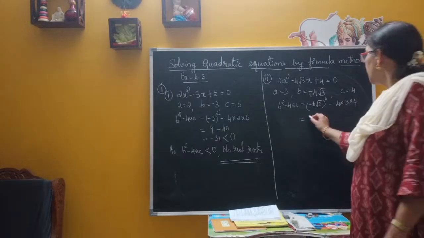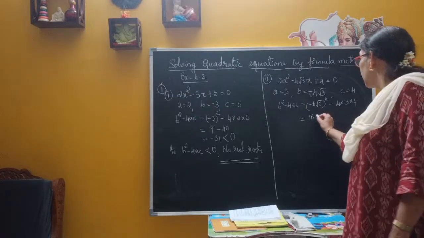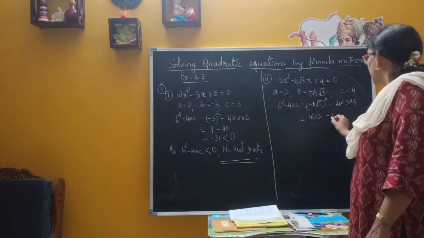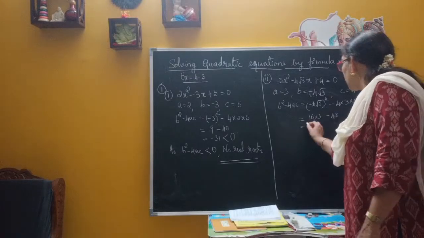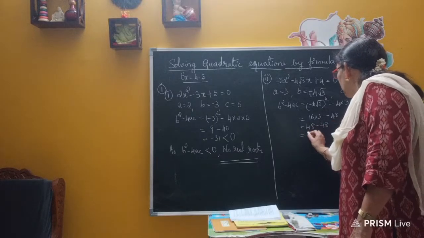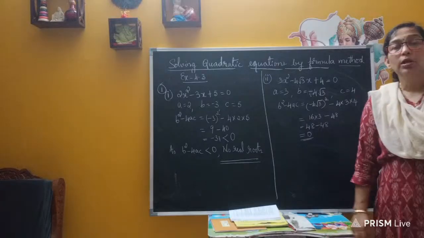Minus 4 square is plus 16. Root 3 into root 3, we get 3. Minus 4 3s are 12, 12 4s are 48. So 16 3s are 48, minus 48 is equal to 0. So discriminant is equal to 0.